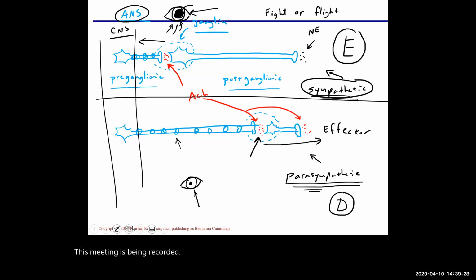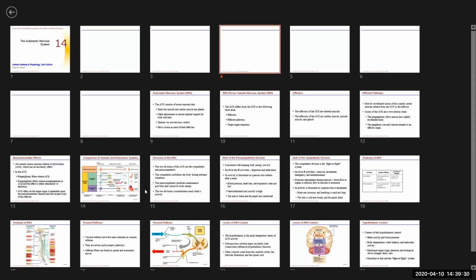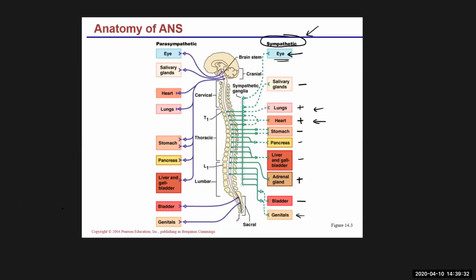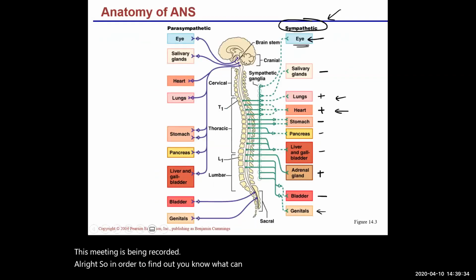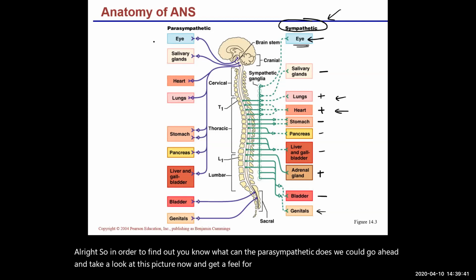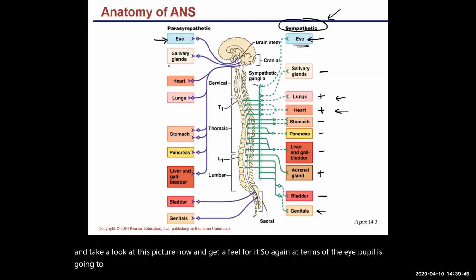All right, so in order to find out what the parasympathetic does, we can go ahead and take a look at this picture now and get a feel for it. So again, in terms of the eye, the pupil is going to get constricted, all right?